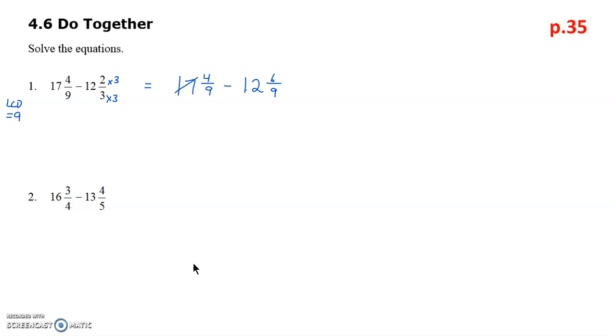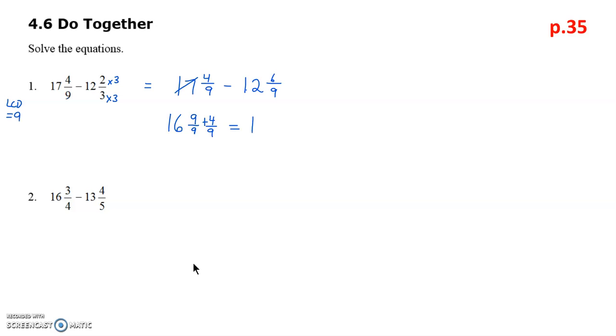So we take 1 away from 17, that becomes 16, and we create our fraction for the 1, so that will be 9/9. Remember, we use the denominator that we have. And then we have to add on that 4/9.